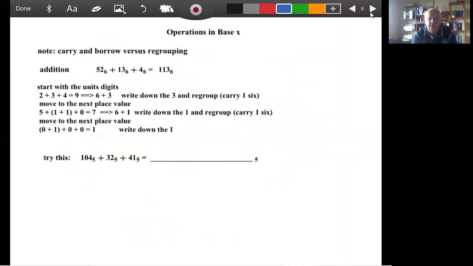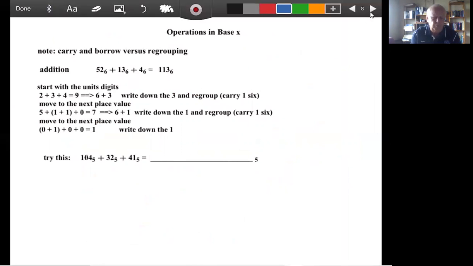So let's move on over. Let's talk about operations in different bases. First off, I'm not going to say you shouldn't use these words, but we tend to teach children in the younger years to borrow and carry. And it's one of the reasons why we have a lot of trouble with bases, is because we really don't understand what's going on with base 10, because we're carrying a 1 over, we're borrowing a 1.